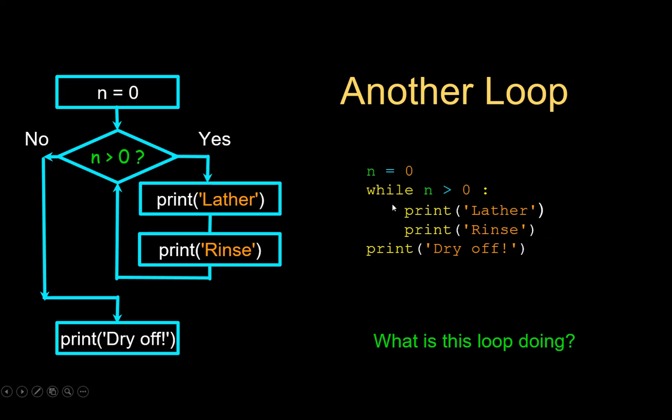This block will be entirely bypassed, and we will run to the very end, and print this one, which is going to be dry off. So in this situation, we did not even enter the while loop, and we did not run any of the commands associated with the loop.